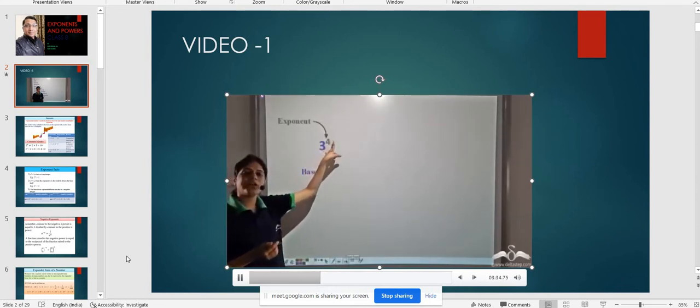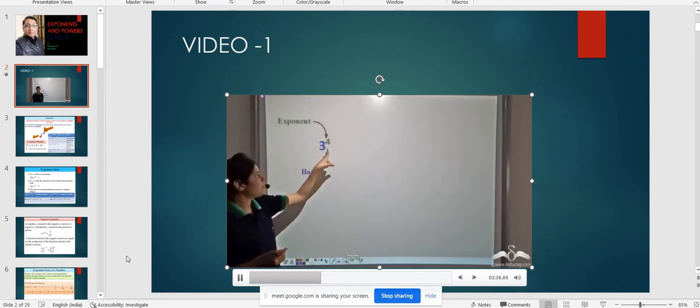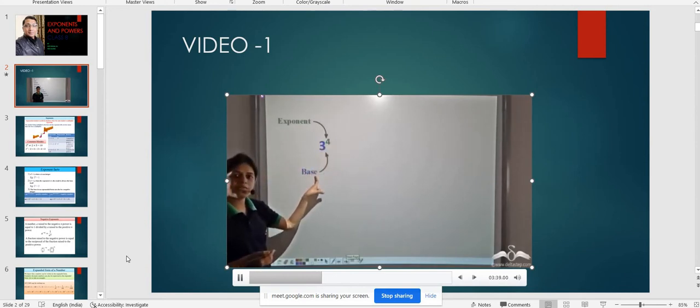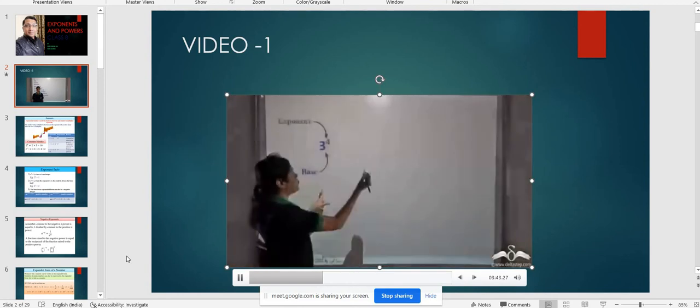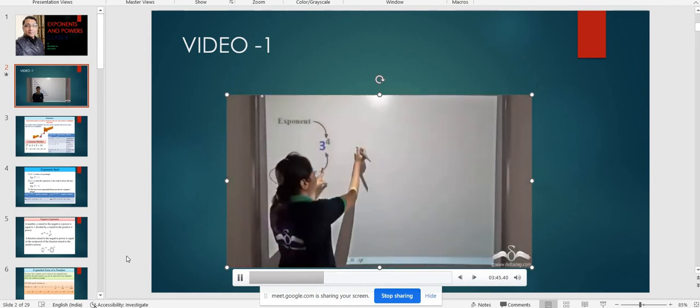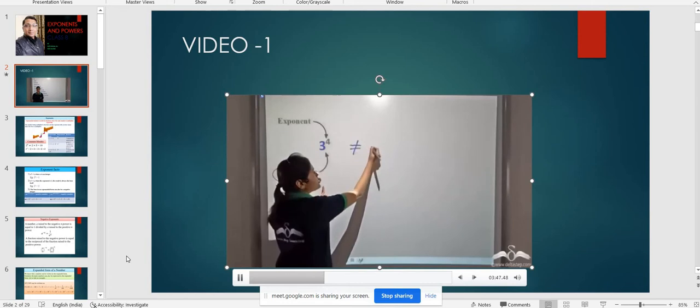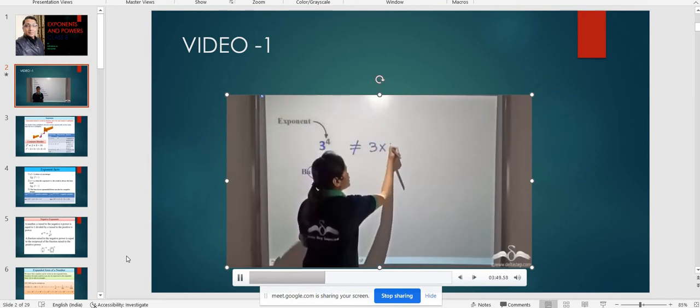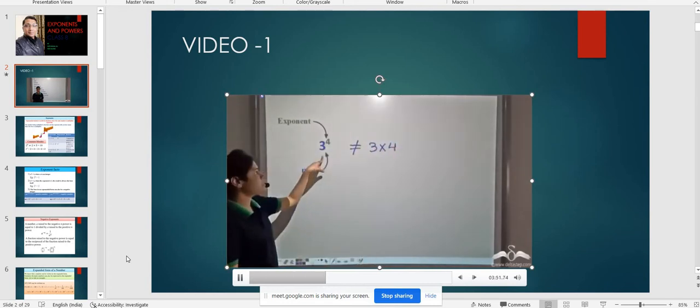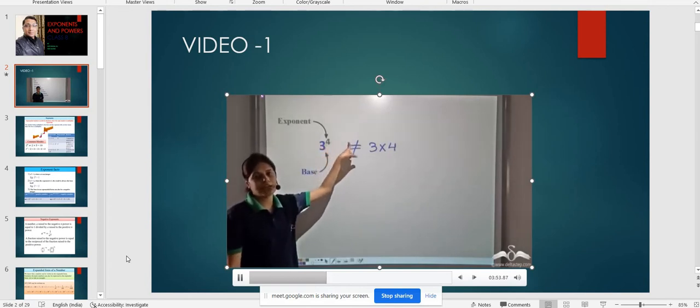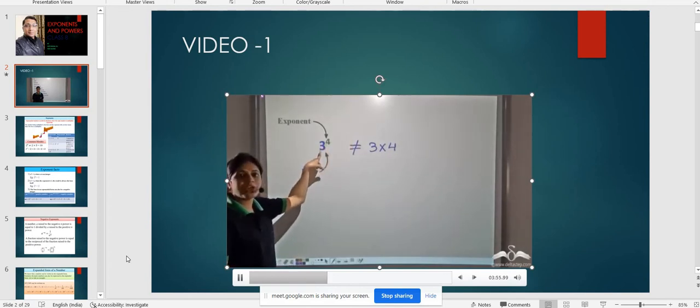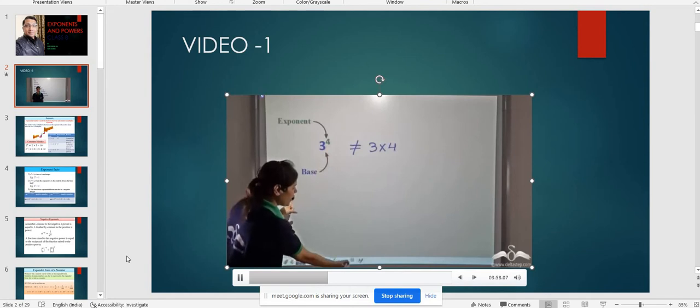So this is another exponential number. 3 is the base here. 4 is the exponent. Remember that this is not 3 into 4. This is 3 multiplied 4 times.